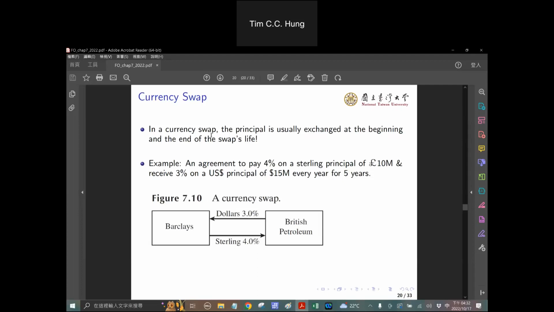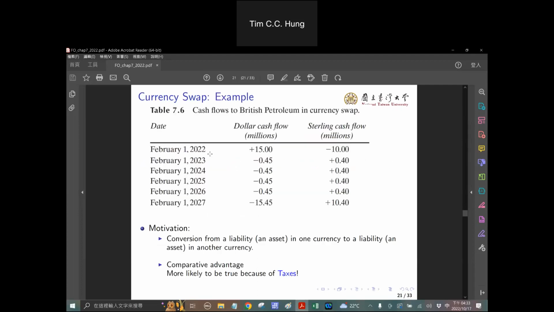The principal is exchanged at the beginning, and we have an illustration over here. At the beginning, we have an exchange of the principal. $15 million US dollars is received from British Petroleum, and then they are paid 10 million UK pounds by the counterparty, which is Barclays.